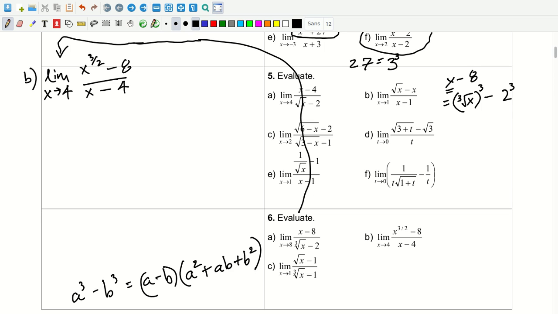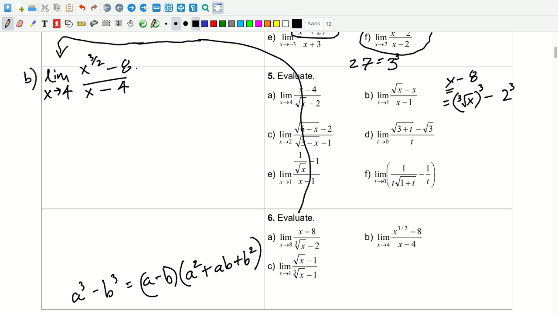Now, if I plug in x equals 4, I will get 4 to the 3 over 2. Now, I have to split that up, so if I do 4 to the 1 over 2, that's 2, because that's just the square root of 4. So 2 cubed is 8. 8 minus 8, that's 0. In the bottom, I get 4 minus 4, that's 0. So this is indeterminate, so I got to do something.